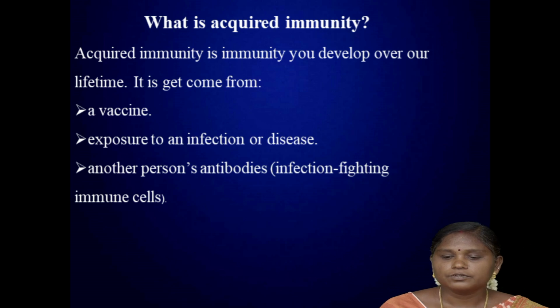Acquired immunity is the immunity we develop during our lifetime, whereas innate immunity occurs at birth itself. It comes from a vaccine, exposure to an infection or disease, or another person's antibodies, that is, infection-fighting immune cells.